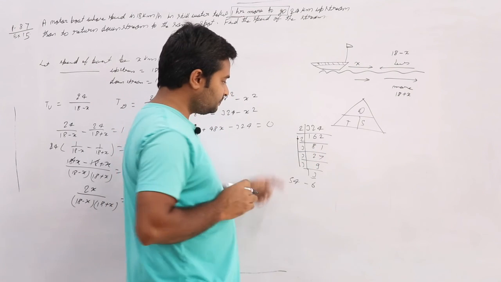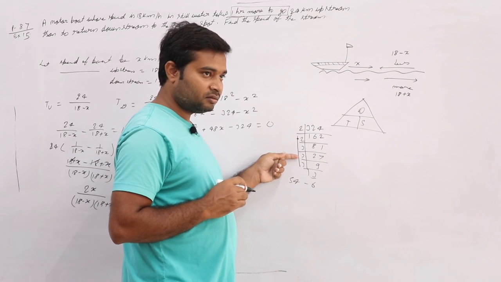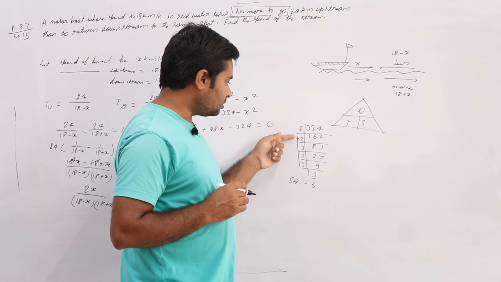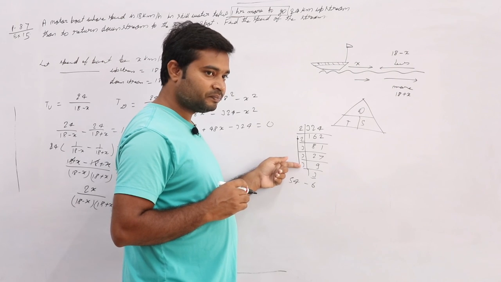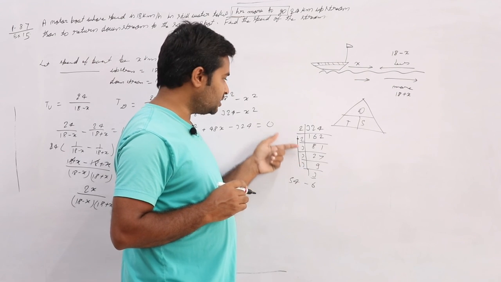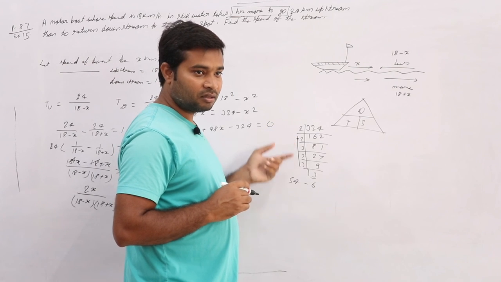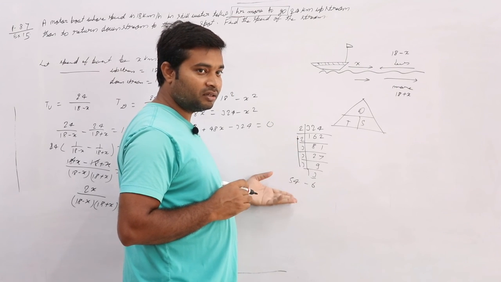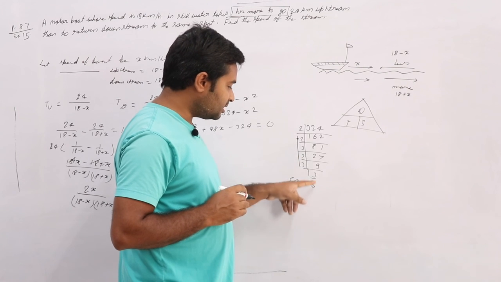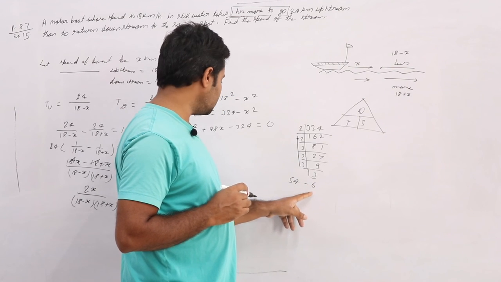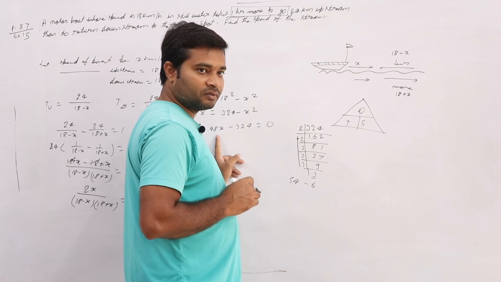Take this much, 3 3 9, and 9 3 27. 27 2 54, and minus 6. So 54 minus 6 is how much? 48. Yes or no?